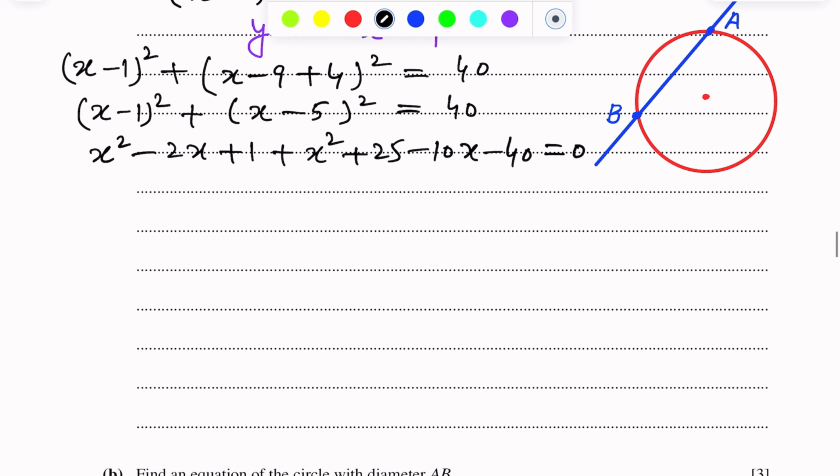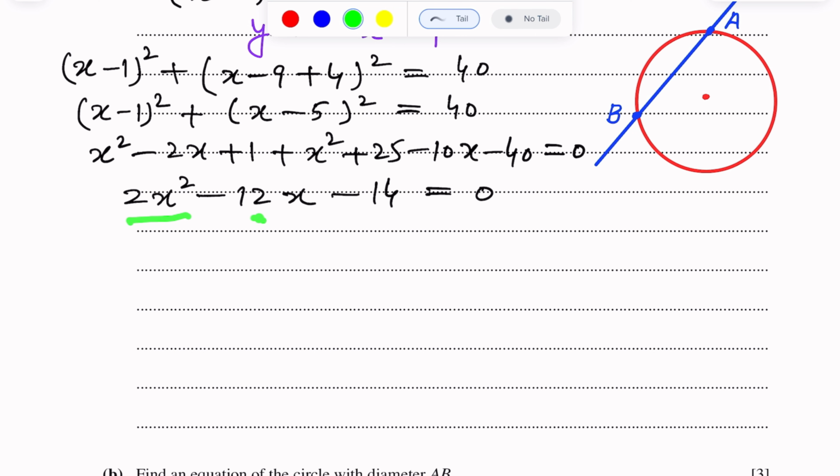Further simplifying, we get 2x² − 12x − 14 = 0. We are dividing each side by 2 because all these terms are multiples of 2. So this becomes x² − 6x − 7 = 0.